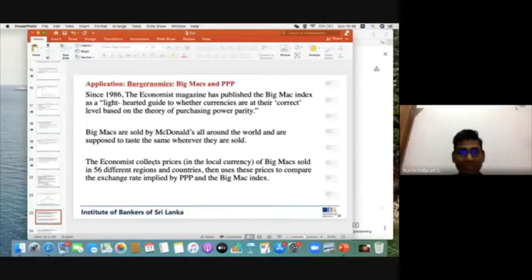The Economist collects the price of Big Macs sold in 56 different countries and regions, then uses these prices to compare the exchange rate implied by purchasing power parity and the Big Mac index. For analytical purposes, they calculate this Big Mac index, take the purchasing power parity, and compare how close it is.